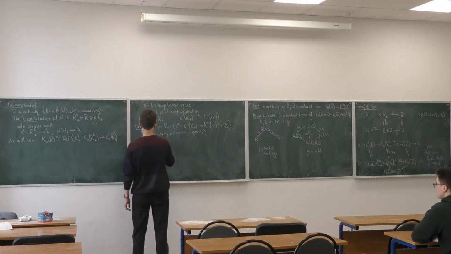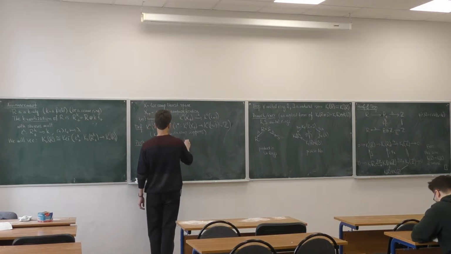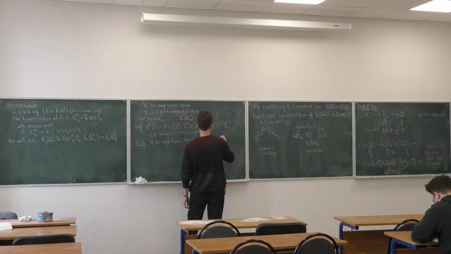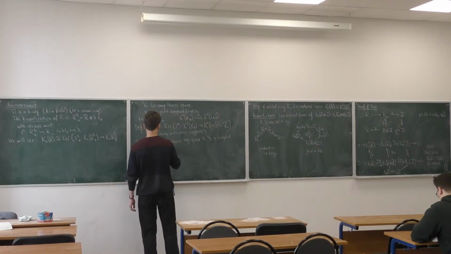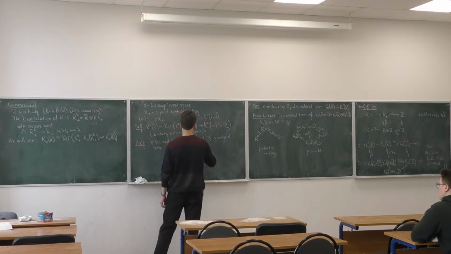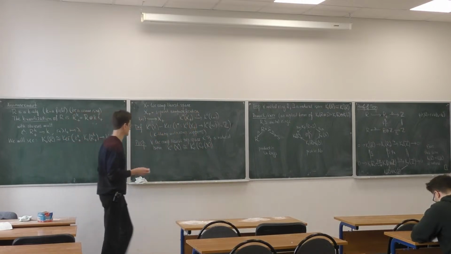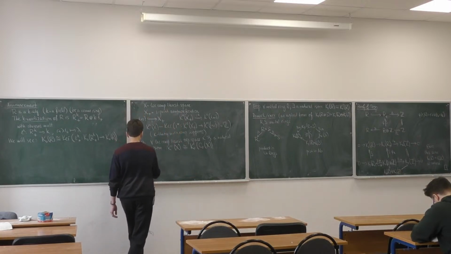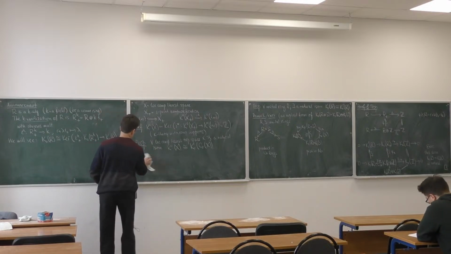For every locally compact Hausdorff topological space, there is a natural isomorphism between the topological K0 and the K0 of the algebra C0 of X of continuous functions vanishing at infinity on X. The proof is quite straightforward. We just look at the respective diagram.